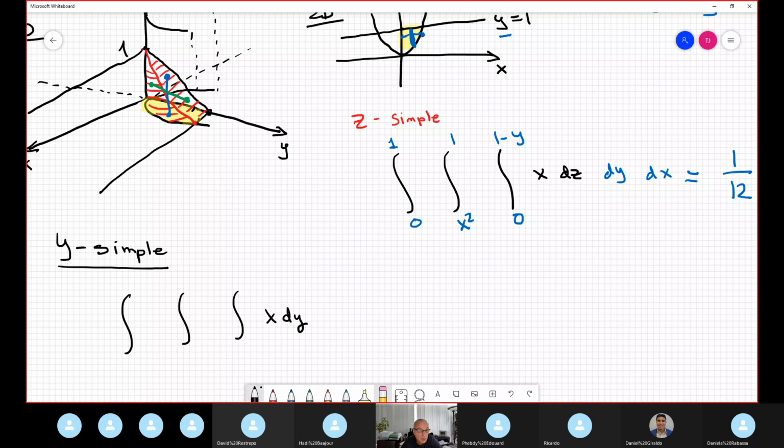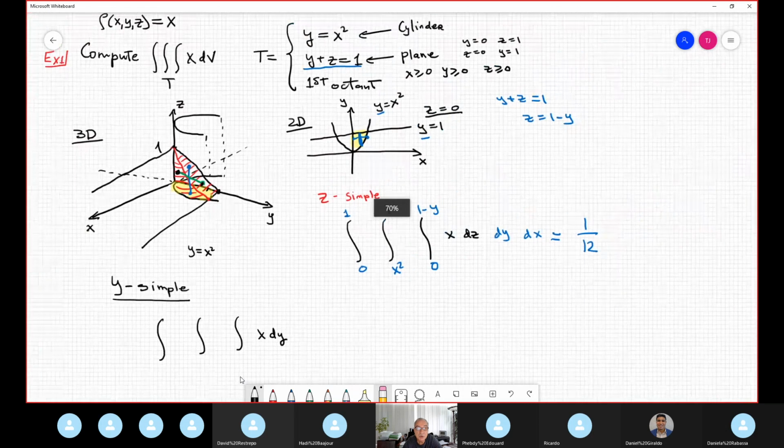Okay, so I can see in the green part, I go from the y of the parabola. Bueno, the y of the parabola is y equal x squared, no? It's that part. And the y of the plane, well, the equation of the plane, remember, was y plus z equal 1.